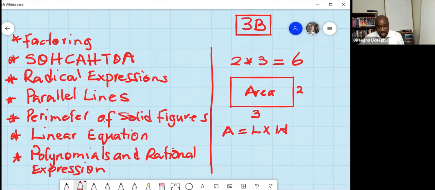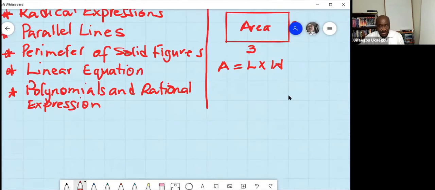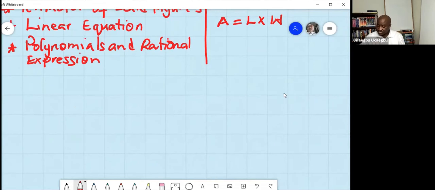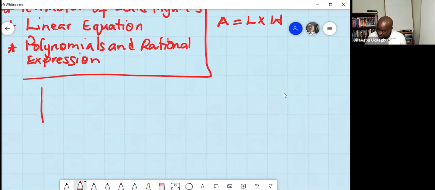Okay, so how about if I draw the same yard, but instead of using numbers, I will use expressions.